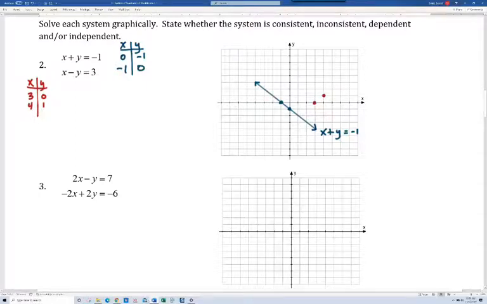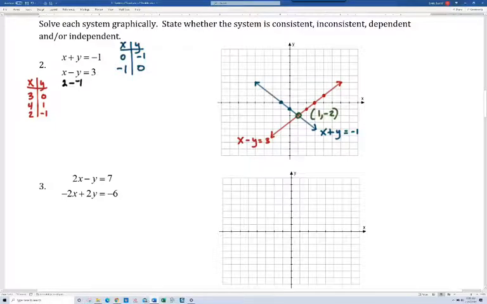So let's choose x to be, how about 2? If we have 2 minus some number, that would have to be -1, and so y would be -1. You can see when we graph x minus y equals 3, we're going to have an intersection with the other line at 1, -2.